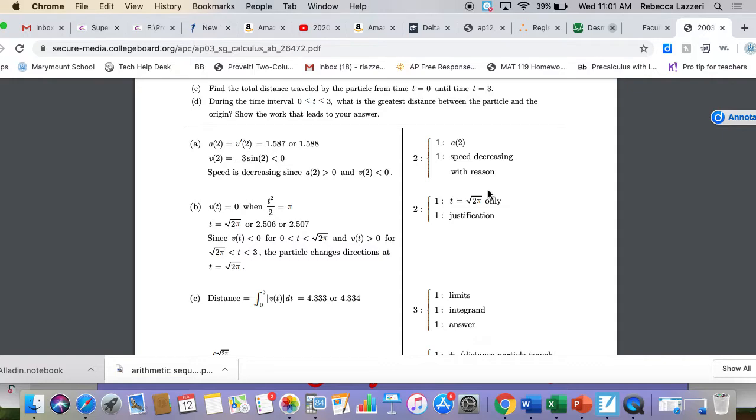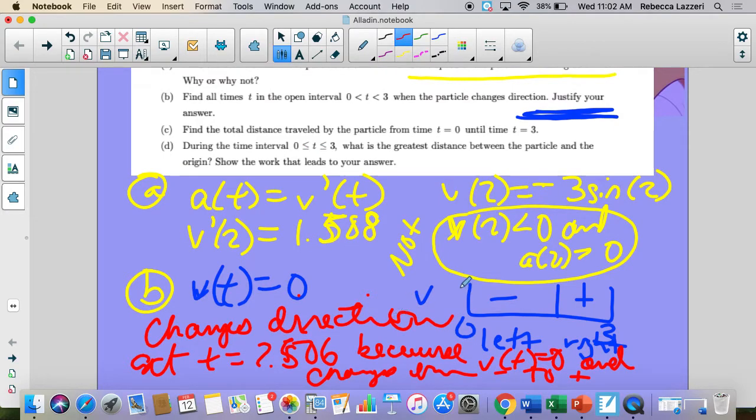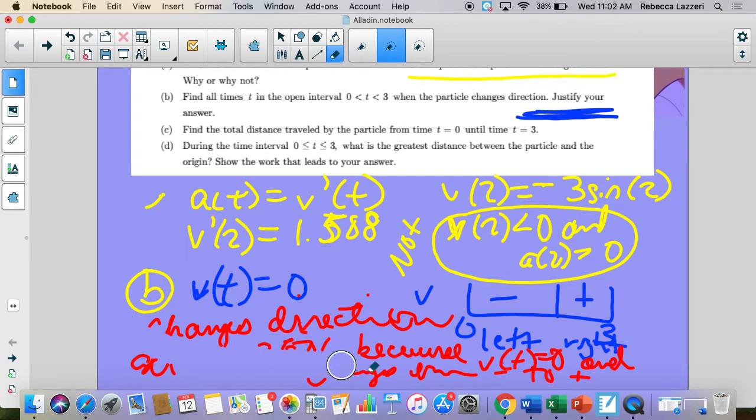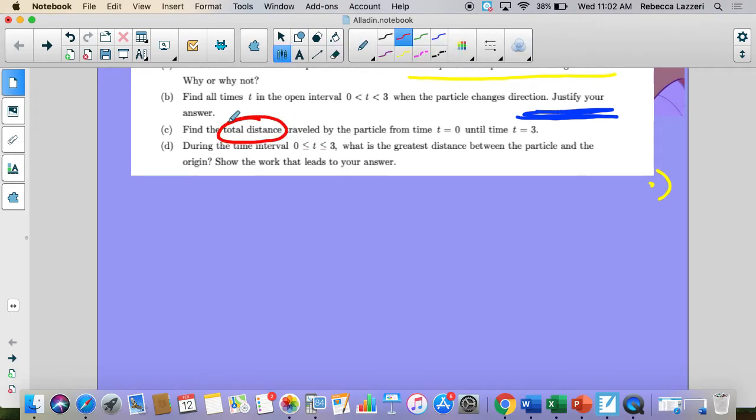All right, now the total distance traveled, you have two choices. What you never want to do, ever, if they say total distance traveled, is integrate it from 0 to wherever, or -5 to 8, or whatever they're asking you.